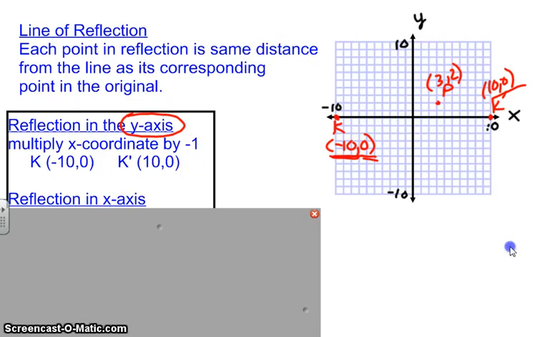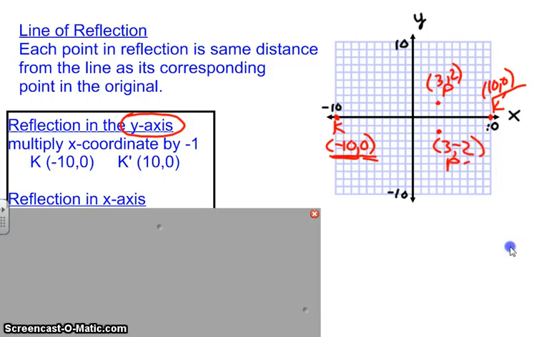Is that the x-axis you crossed? Very good. 3, -2. This way. So we now have 3, -2, and that is P prime.